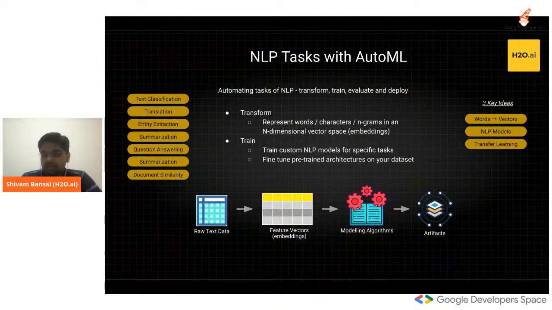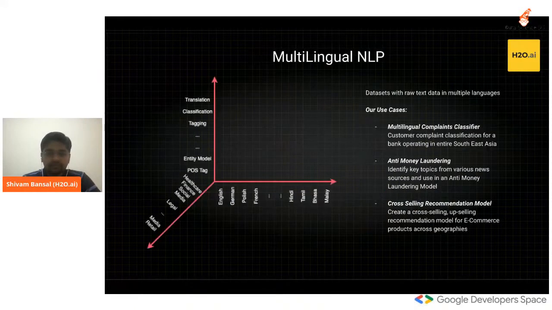Once these are used, they can be fine-tuned on the given data set of your domain. So AutoML in the context of NLP generally has these three ideas: convert words to vectors, apply NLP-specific models, or use transfer learning to derive meaningful outputs from the pre-trained architectures.